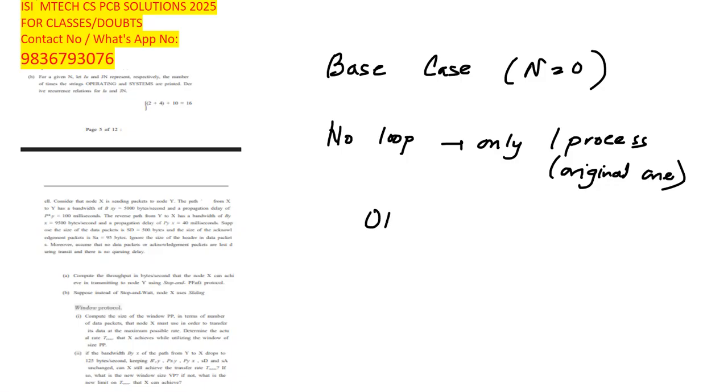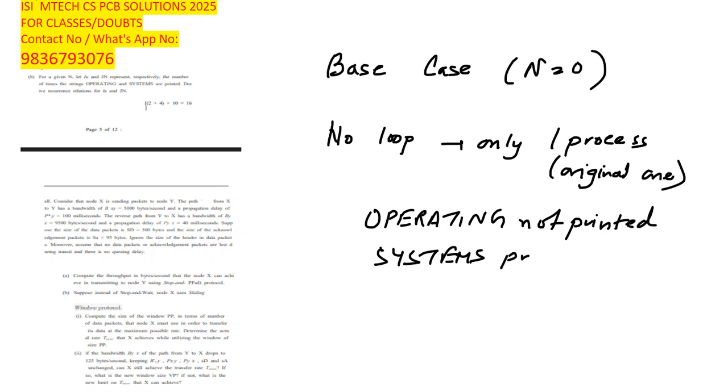Okay, so here operating is not printed. Okay, so systems, so this is 0. So what is the recursive step? Recursive step is operating in and system jn if I consider.